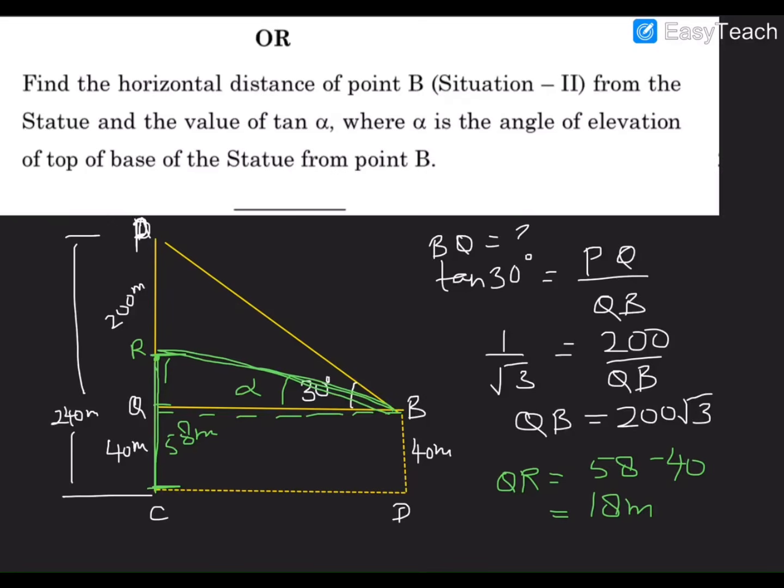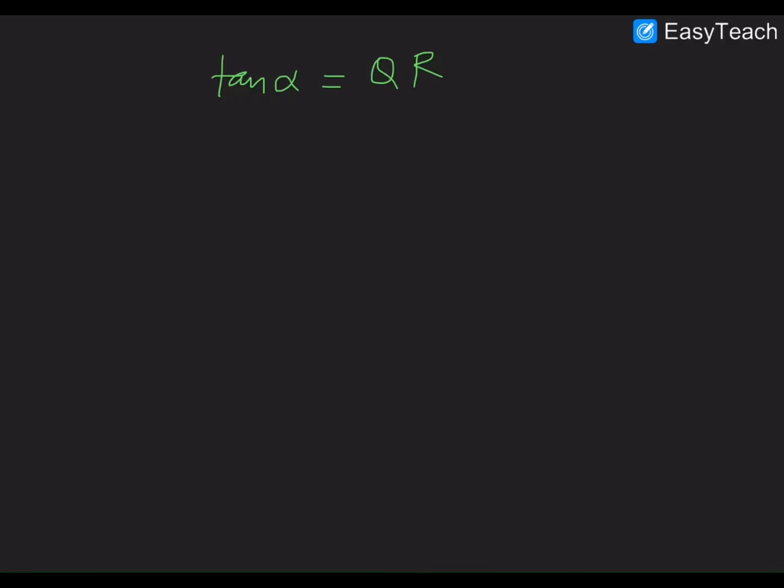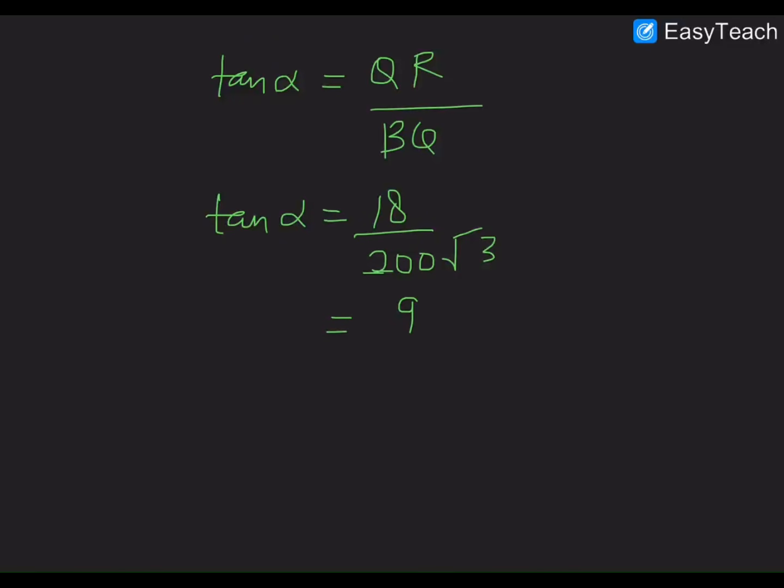Now to find tan alpha, tan alpha is equal to QR by BQ. So tan alpha, as you know, QR is 18 and BQ is 200 root 3, which gives you 9 by 100 root 3.